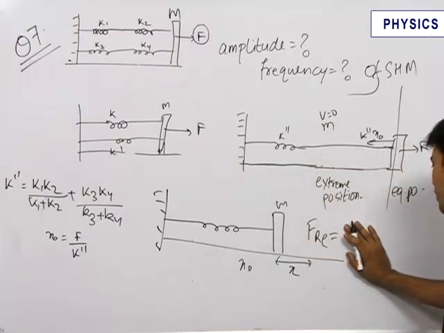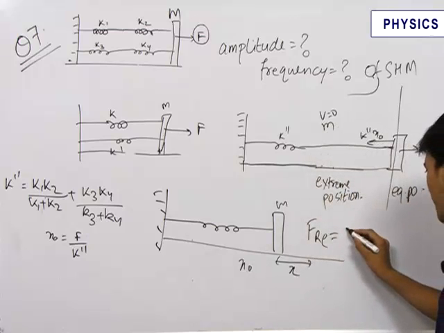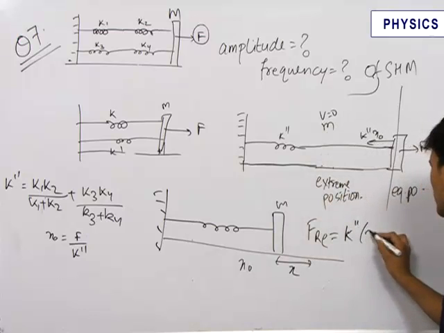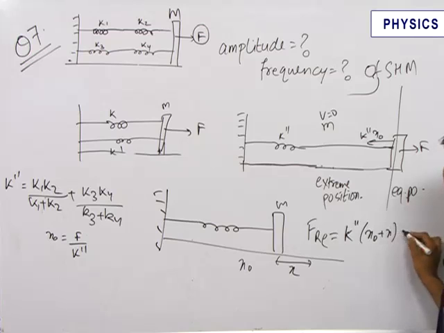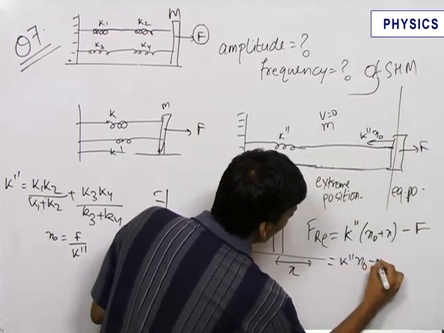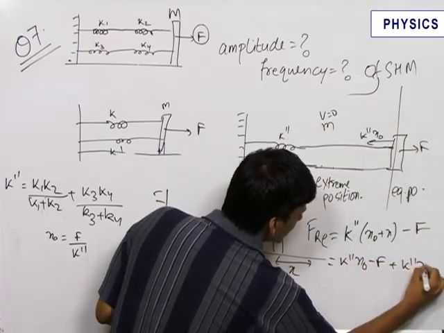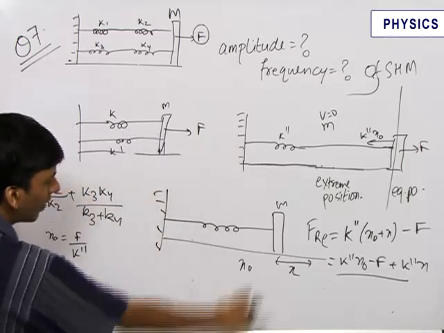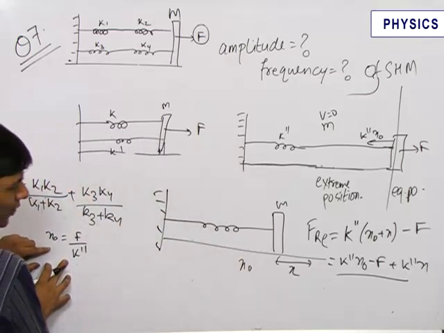That is equal to K double dash into X naught plus X, minus F. So this becomes equal to K double dash X naught minus F plus K double dash X. Now K double dash X naught minus F is equal to 0.